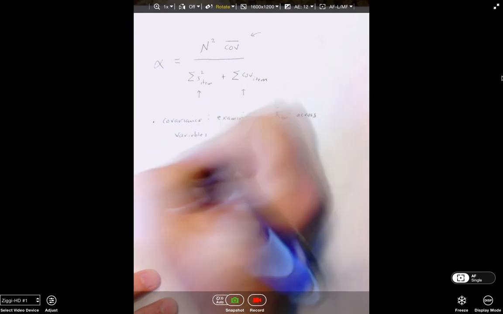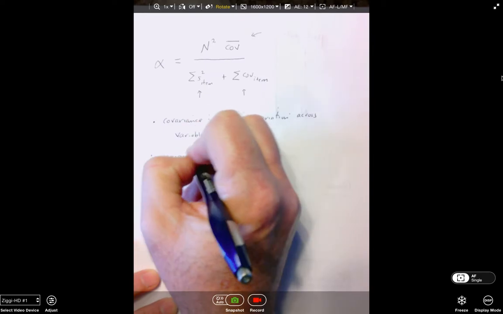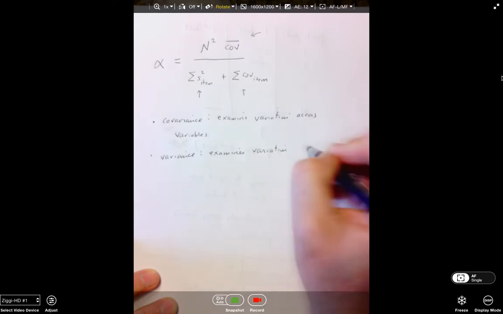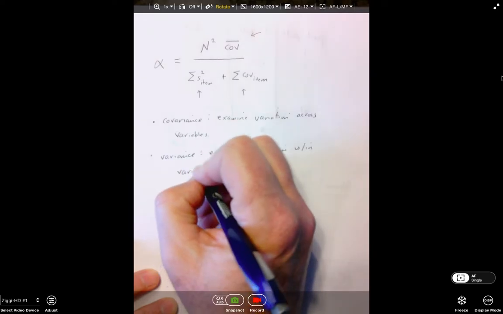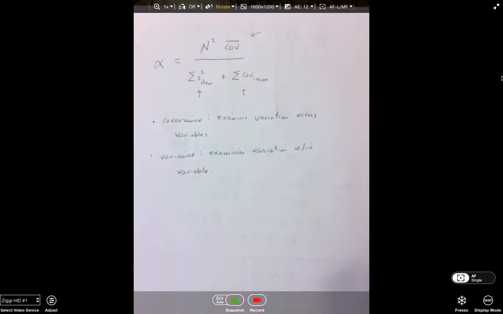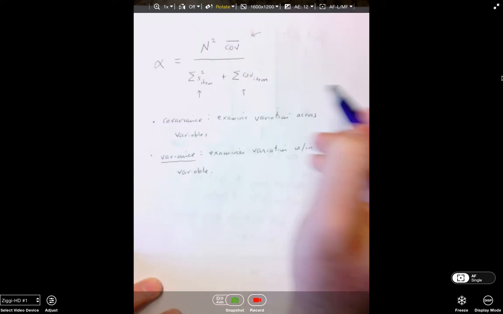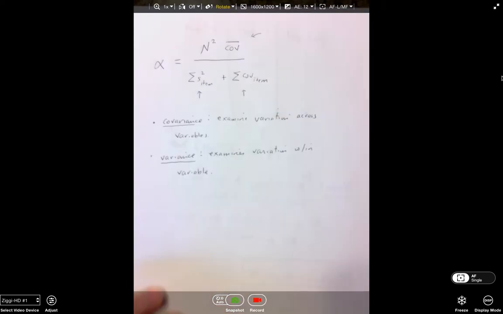And variance, on the other hand, examines variation within a variable. Okay? So, again, variance is within the item, and covariance is variation between two items on a scale.